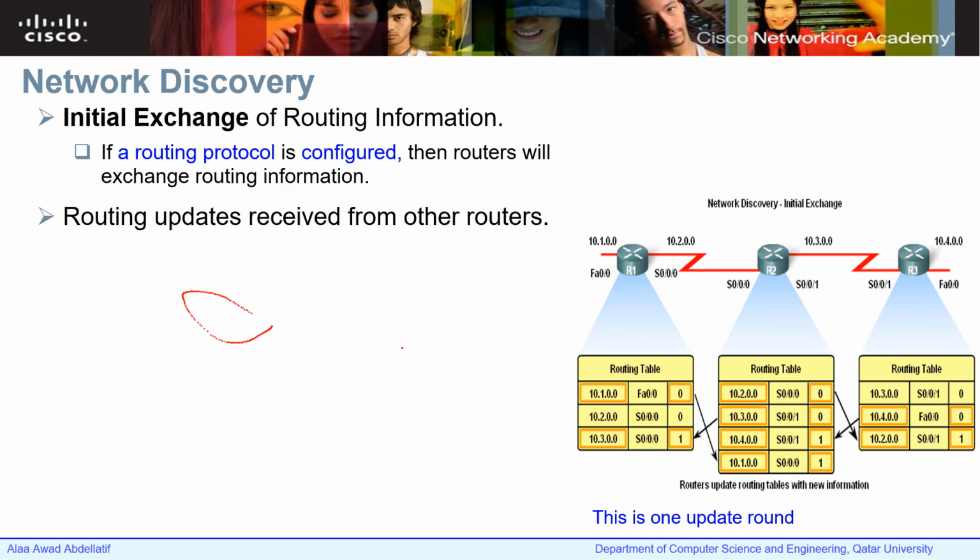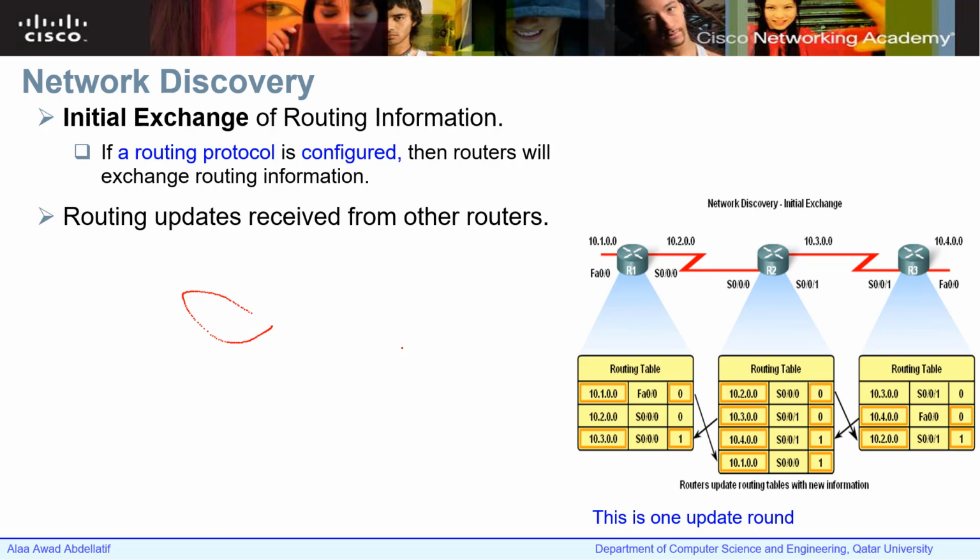And 10.3 is new information for me. So I will add this to my routing table. And I will reach this IP through the S0 interface. But now the number of hops will be 1. Then I will reach this IP after one hop. After going to R2, then from R2 to this IP. This is new information for me.